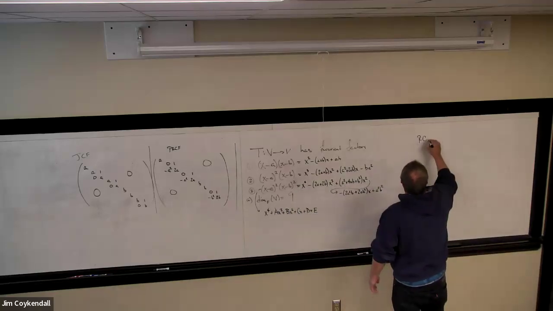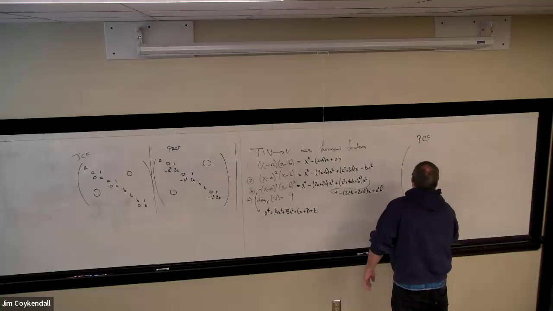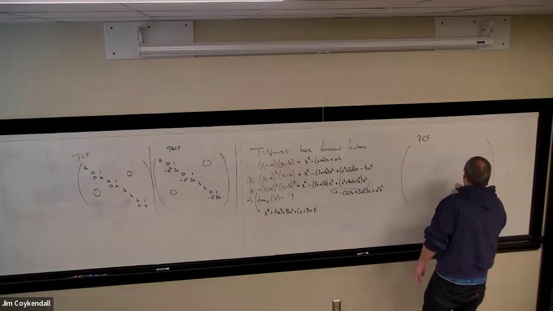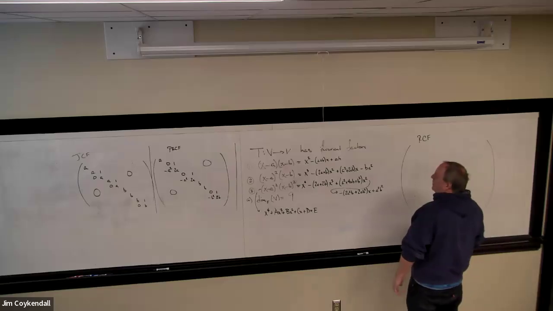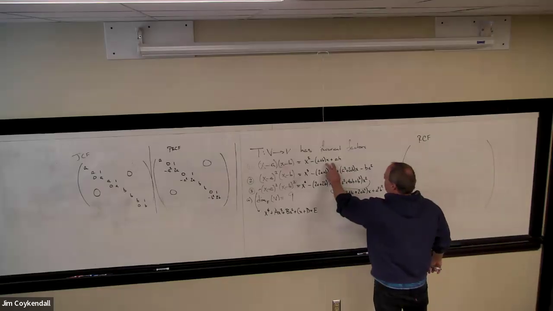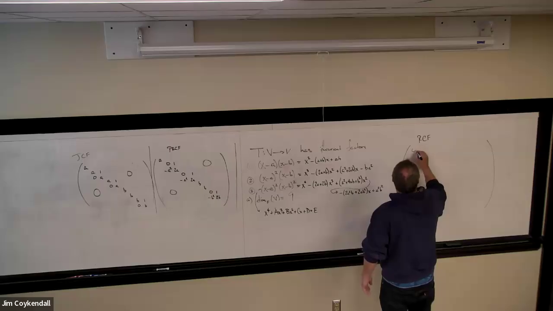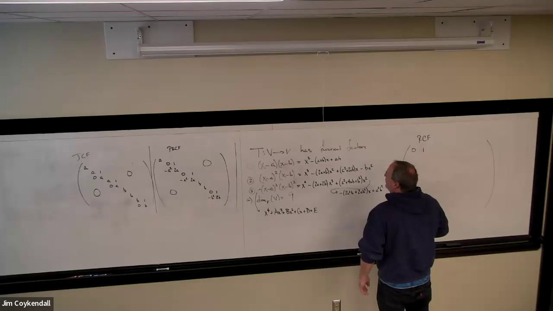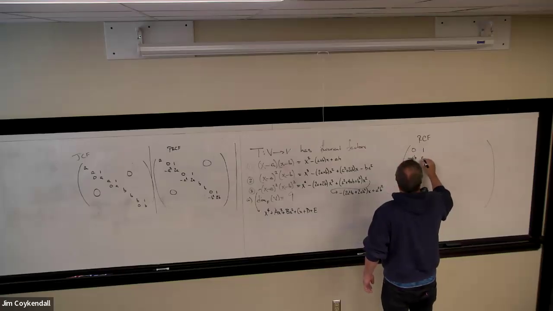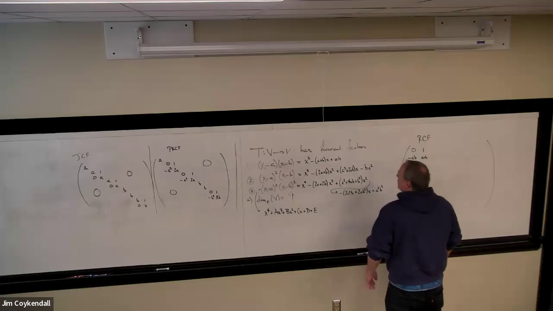Rational canonical form. This, of course, keys on the invariant factors. And so I'll just take this bit by bit. 0, 1, negative AB, and then A plus B. There's my first block.